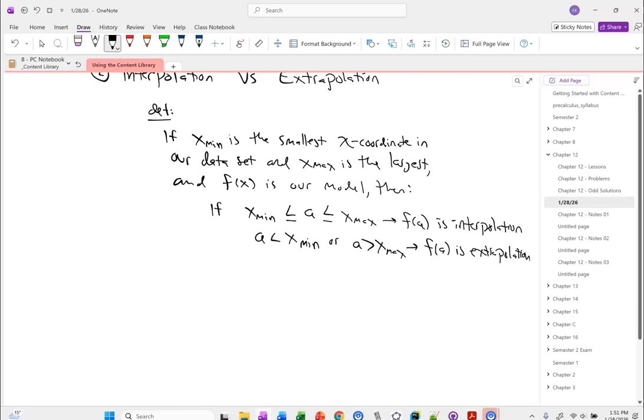To define interpolation and extrapolation, let's say that x min is the smallest x coordinate of any of the data points in our data set, and x max is the largest x coordinate of any point in our data set.